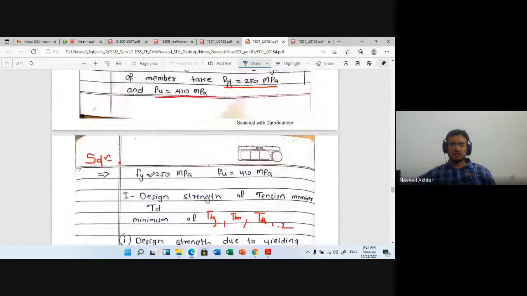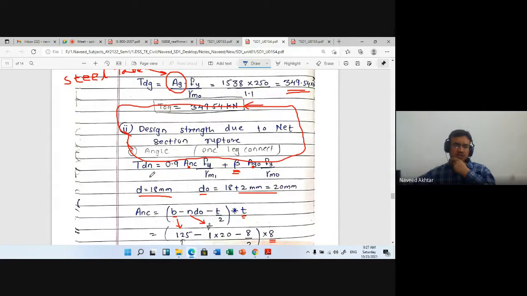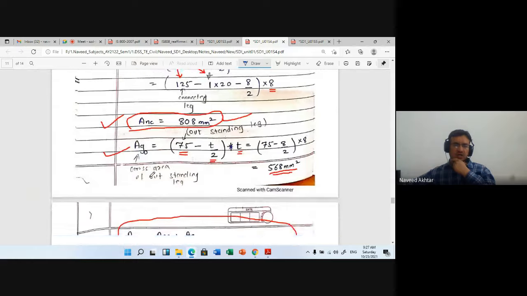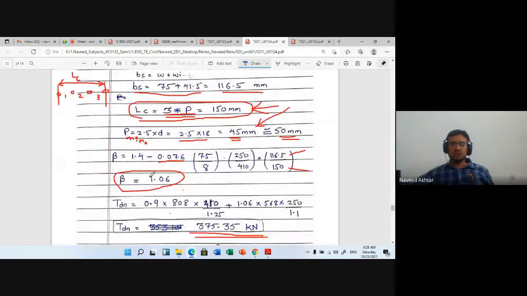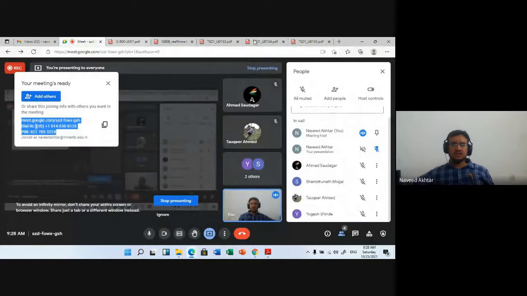There are also examples to find the yield strength or shearing strength, design strength due to welding, design strength due to net section rupture, or design strength due to block shear failure. So many such examples we have already solved.